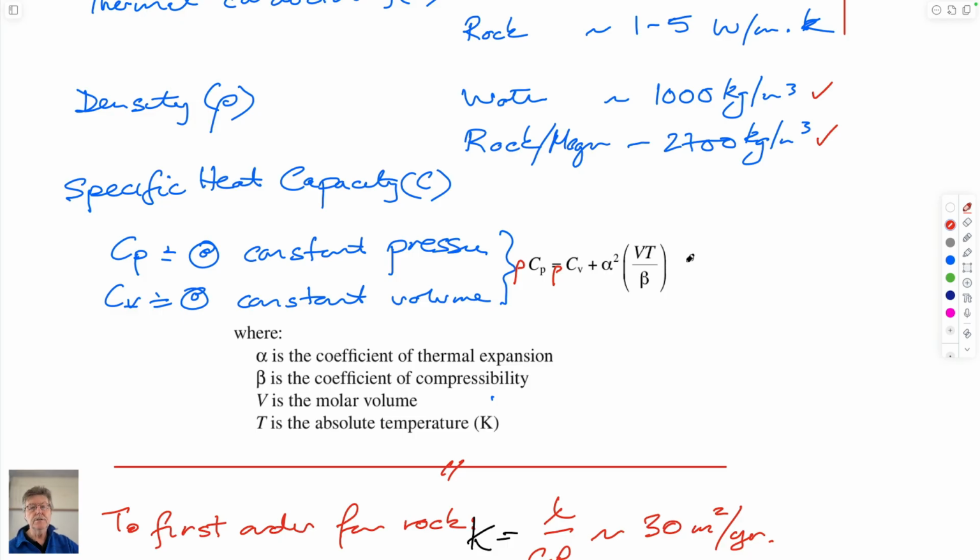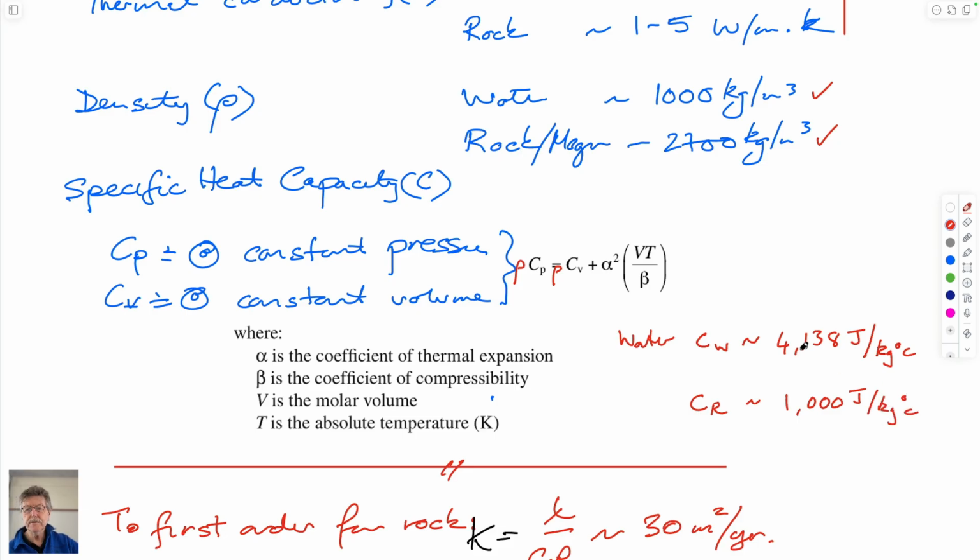So typical magnitudes of specific heat capacity: sea water, as we talked about last time, is 4,138 joules per kilogram per degree centigrade. And specific heat capacity for rock is of the order of 1,000 joules per kilogram per degree C.